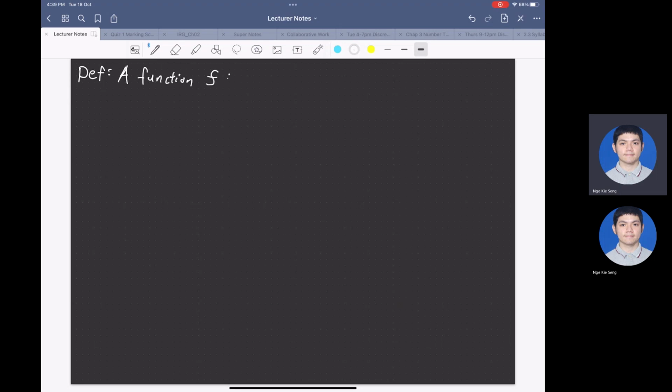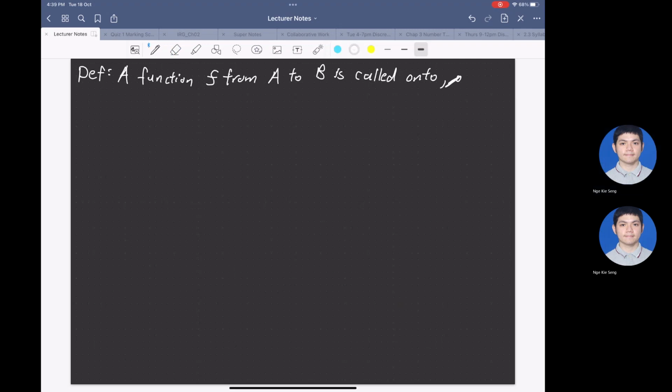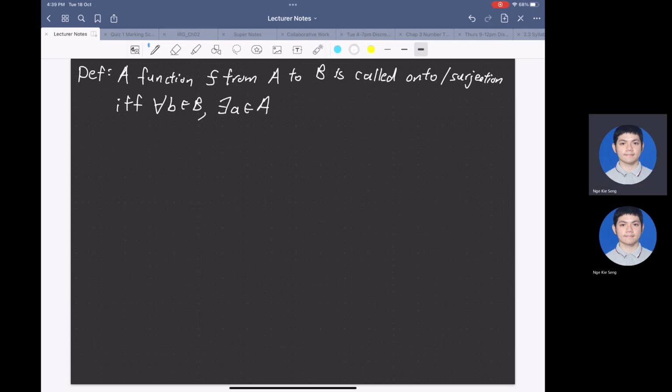So this property is called onto, or from A to B, it's called onto, or we call it a surjection, if and only if for every b in B there exists an a such that f(a) equals b.